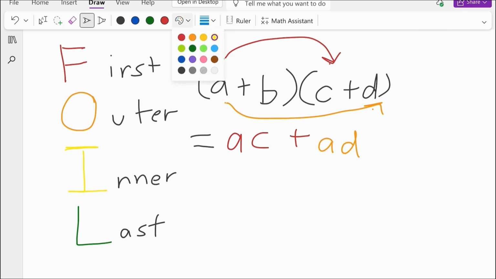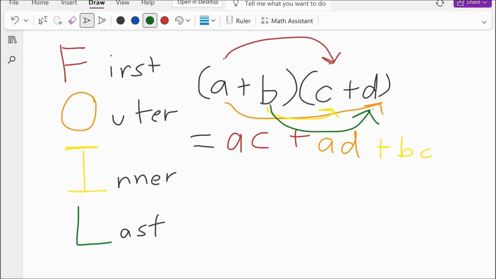I'm going to be using yellow for that. So we're multiplying b times c. And then, lastly, we're going to be multiplying the last terms, which is just b times d.